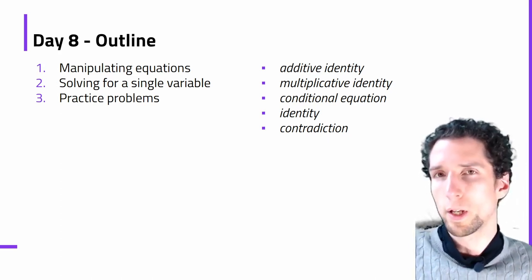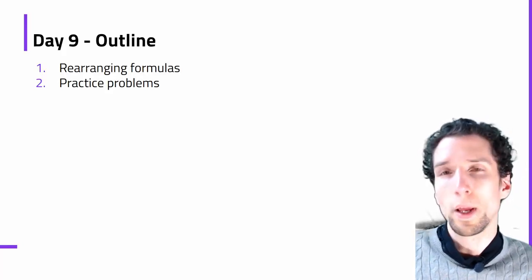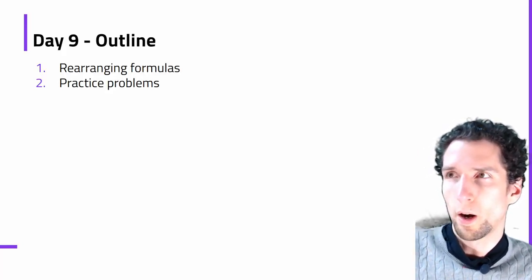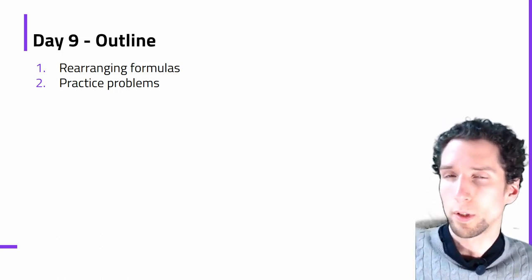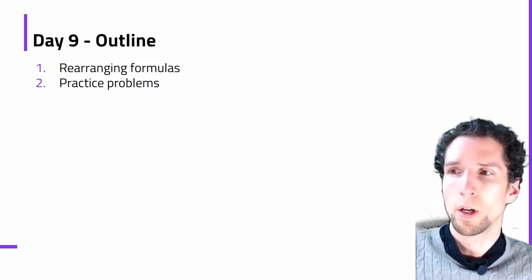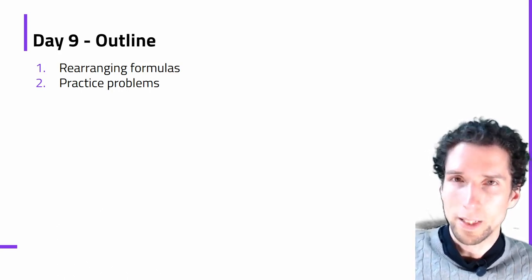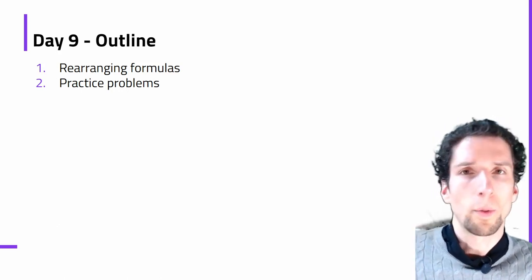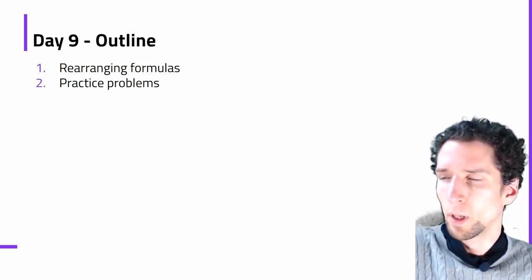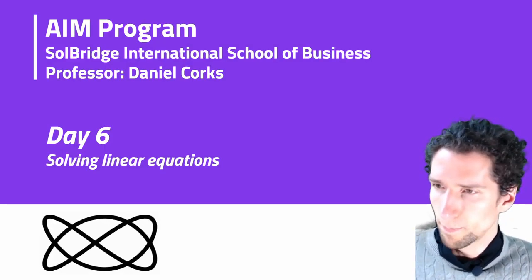We'll continue this in the next video, talking about rearranging formulas where we don't have many or perhaps any actual numbers. It's all just variables, and practice rearranging and solving for a particular variable within a formula or a larger equation.